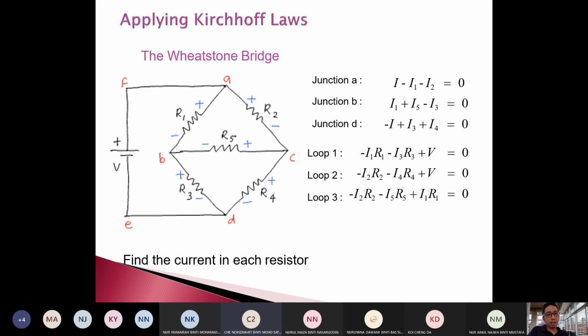At the bottom there, if you take the loop, it should be minus I4 R4, and then plus I3 R3 plus I5 R5 equals 0. That's the way you should read it.